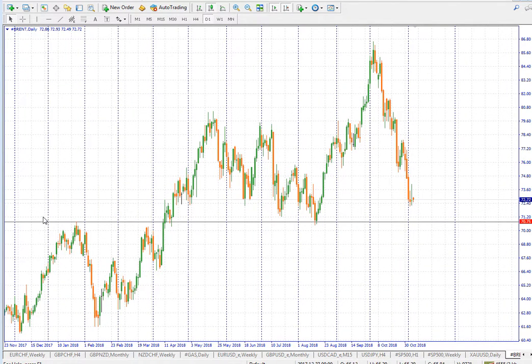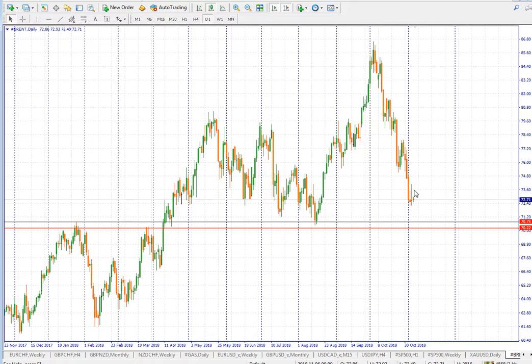Brent, now we have a resistance, then somehow a resistance, although it didn't hit it. Price broke above it, came back to the same place, went up, came back to the same place, then went extensively up.